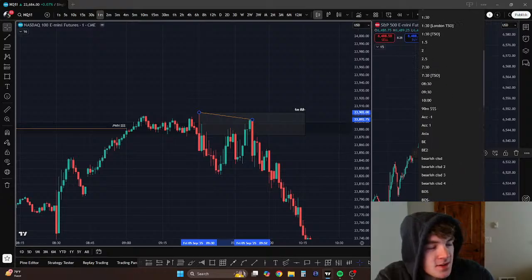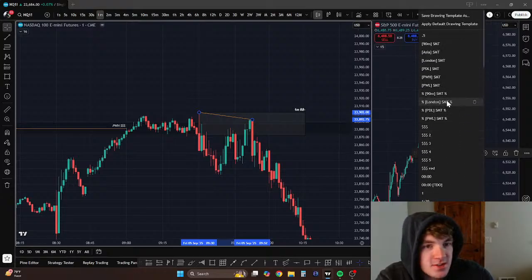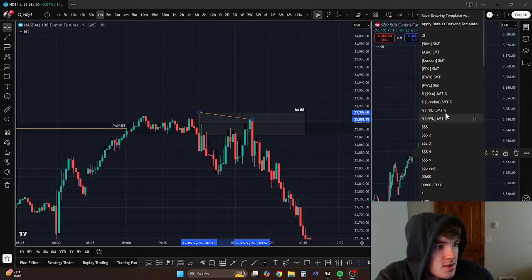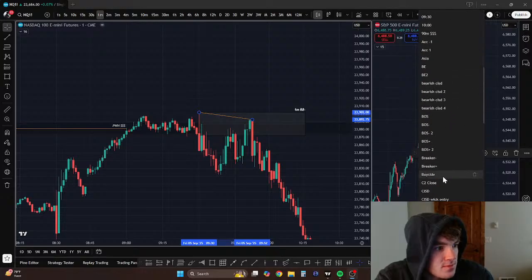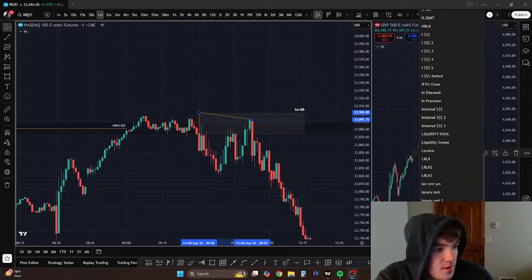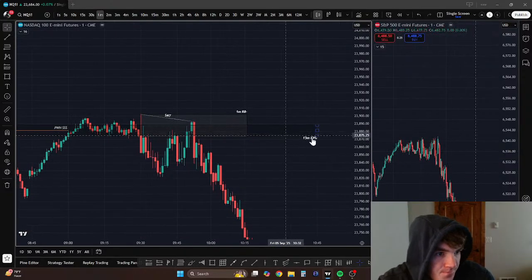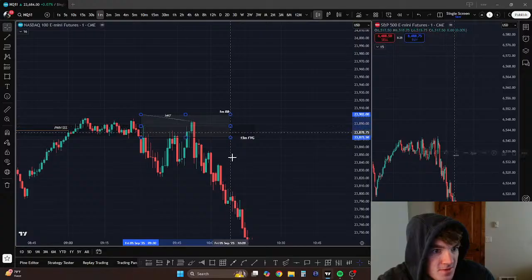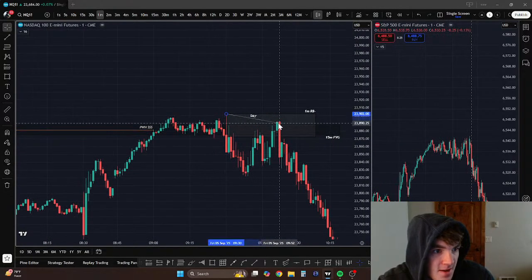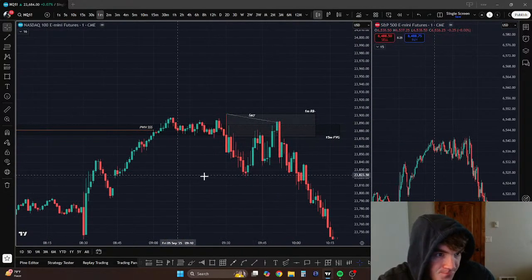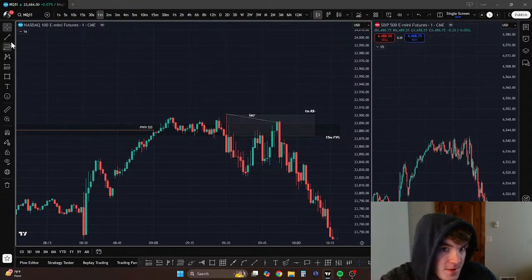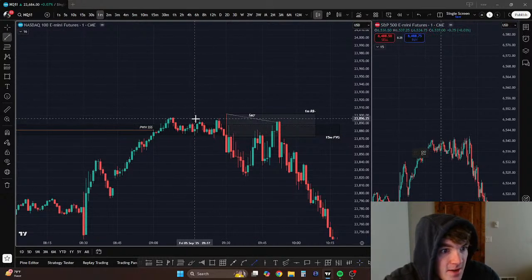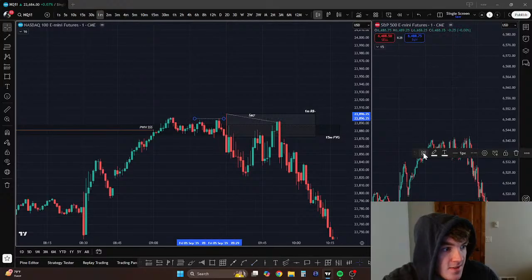Yeah, this was just so nice, and I called this out on stream too. So yeah, 15-minute fair value gap, 1-minute rejection block, SMT with this high. This rejection block was nice. Why? Because this rejection block sweeps out the highs of this range.